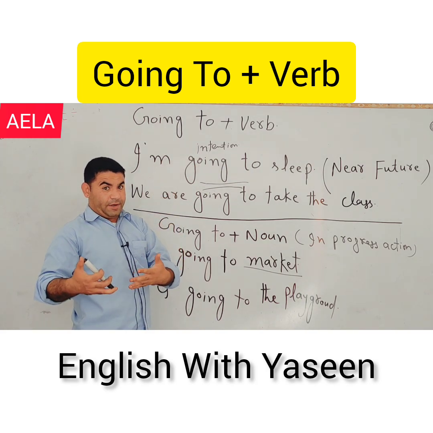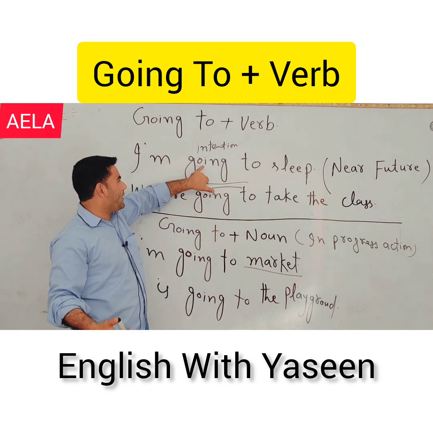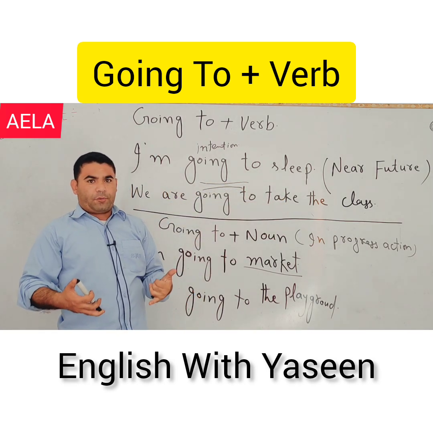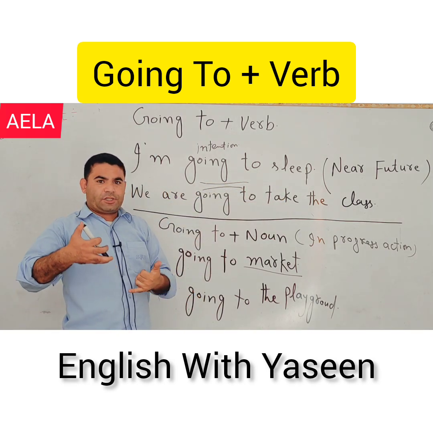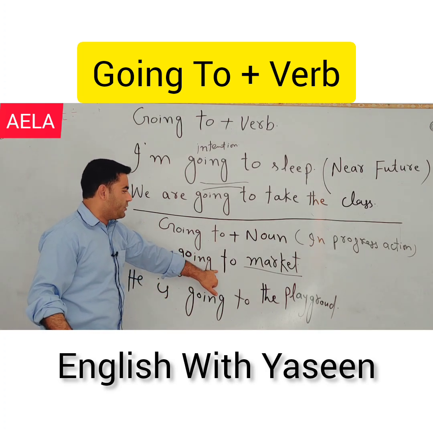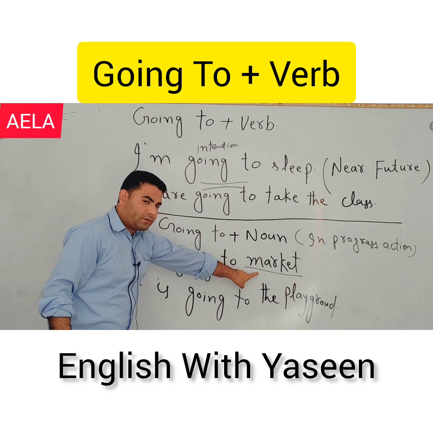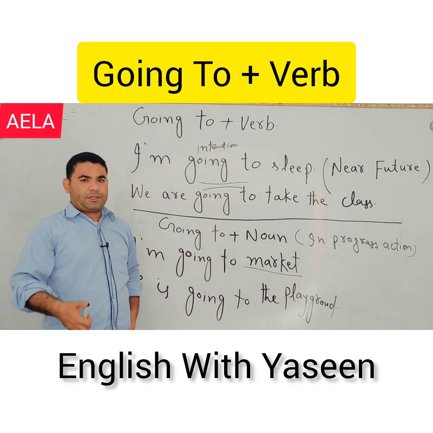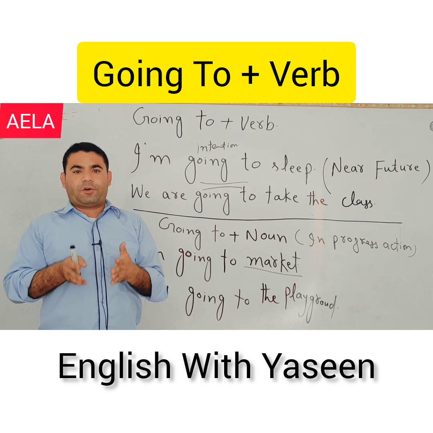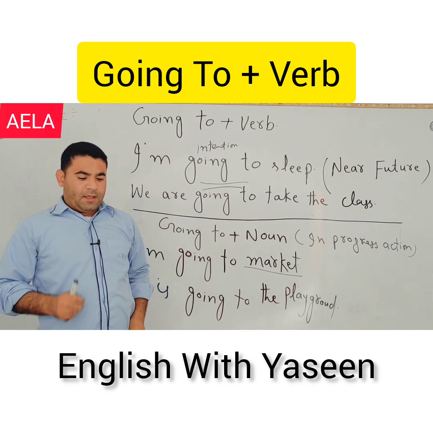Just a short summary. When after going to a verb is used, it shows near future. And when after going to, we use a noun, then it is present continuous or present progressive tense, which shows our ongoing action.